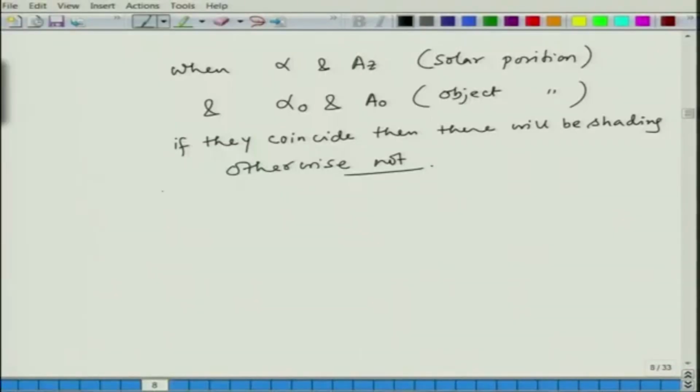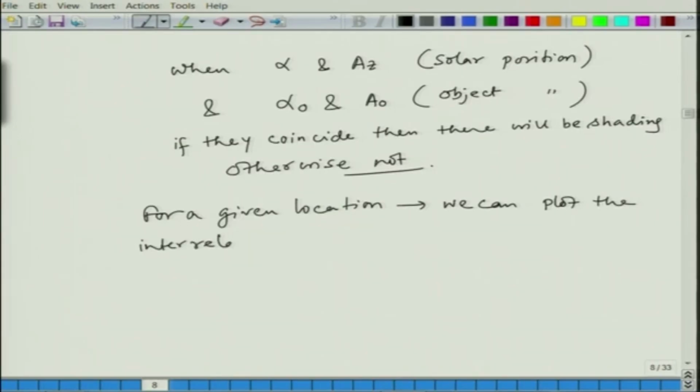Okay. So, for a given location, what we can do? We can plot the interrelationship among the angles for the solar position.